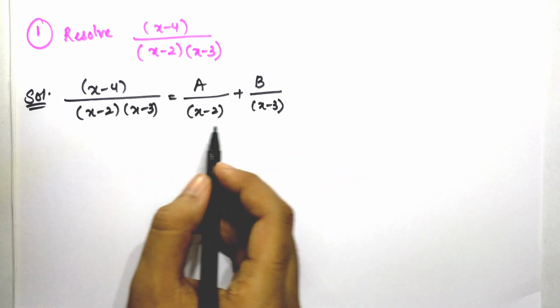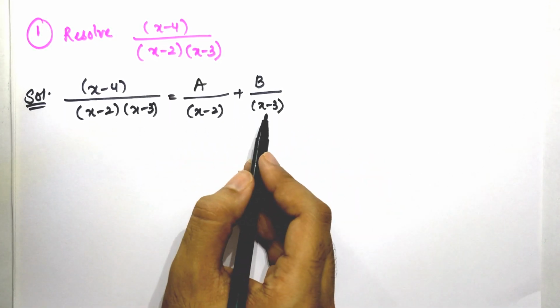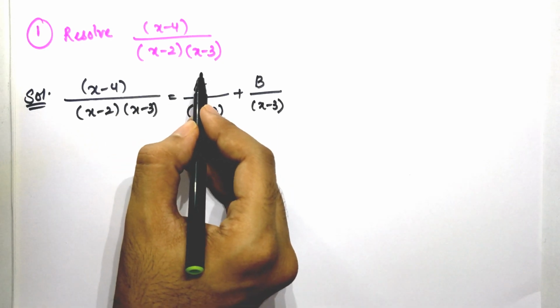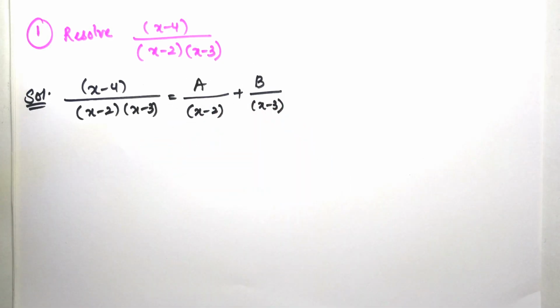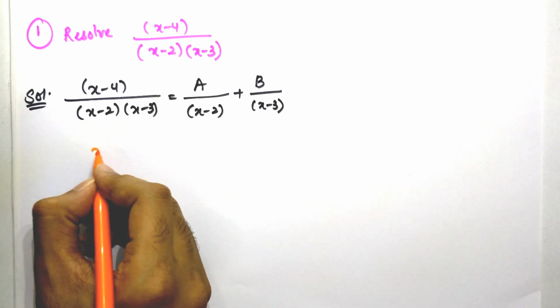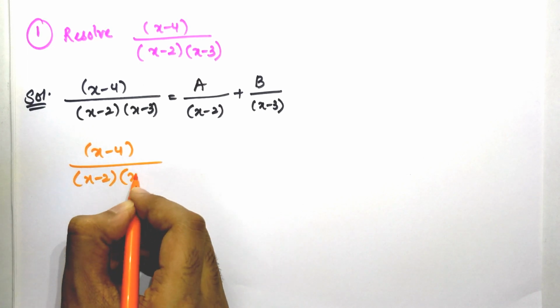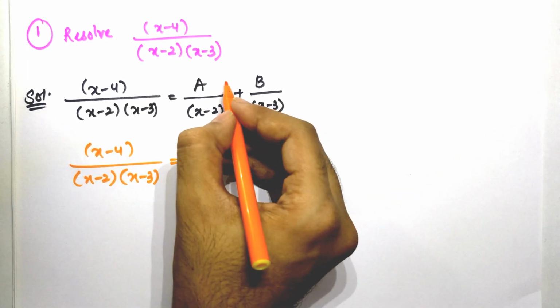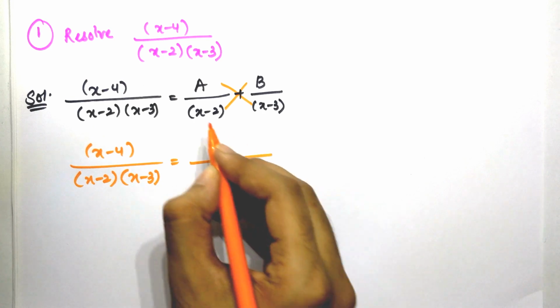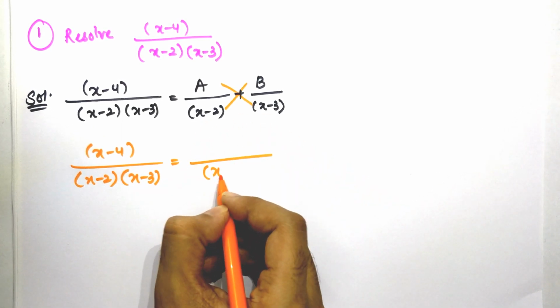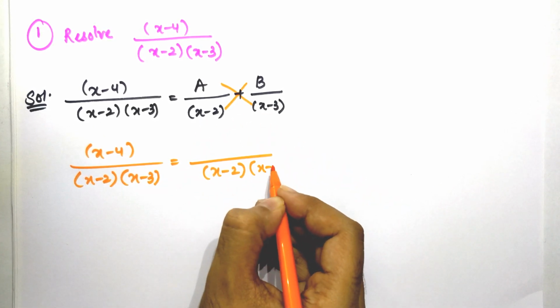In order to split the given fraction into two, I have considered the constants a and b. Our aim is to find the values of a and b. So (x minus 4) by (x minus 2)(x minus 3) is equal to, take the LCM, which would be the multiplication of these two, (x minus 2) into (x minus 3).